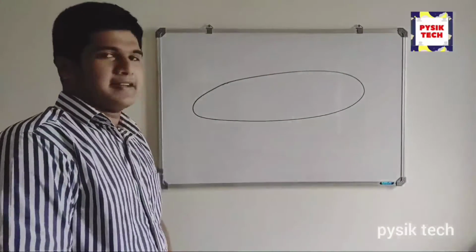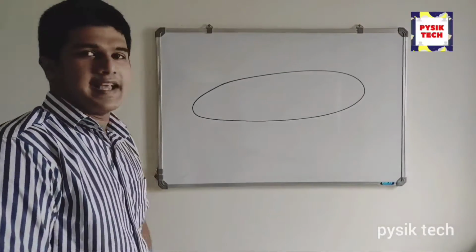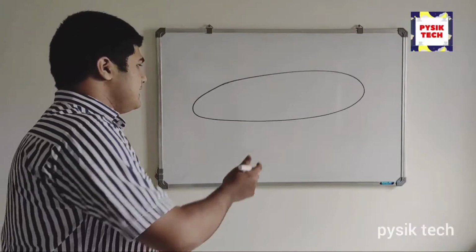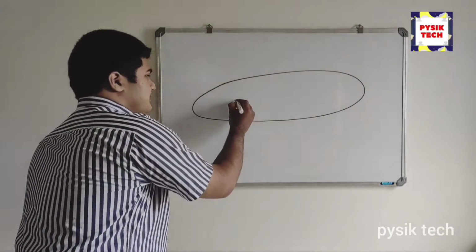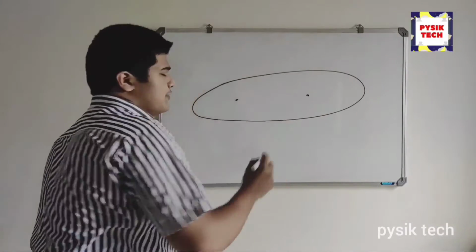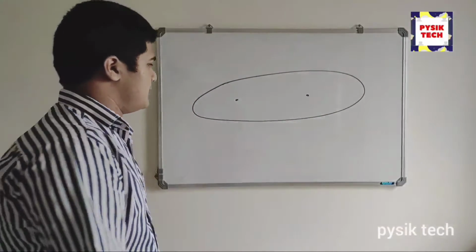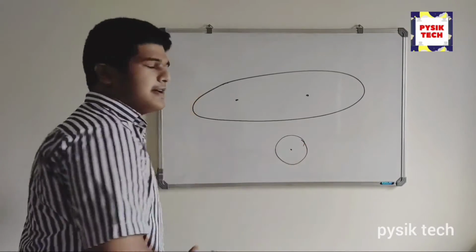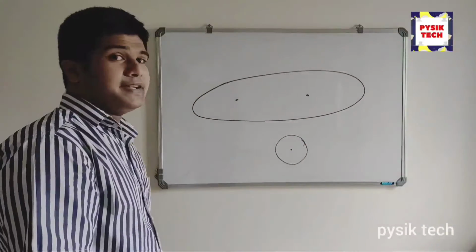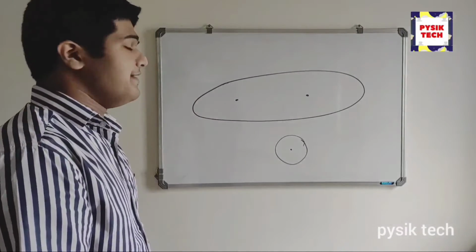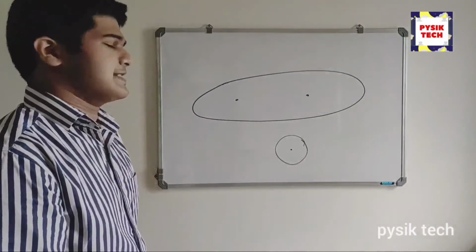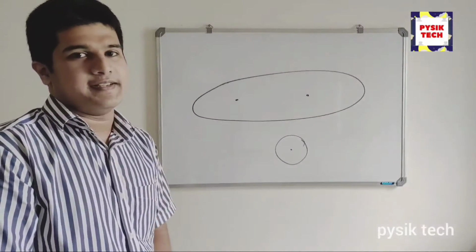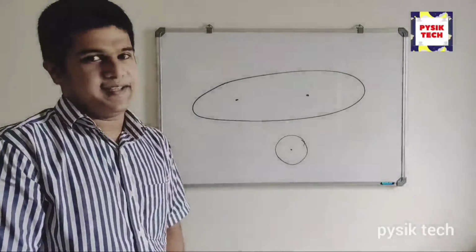This is an ellipse. An ellipse has two focuses, while a circle has only one focus. Those focuses are known as foci.